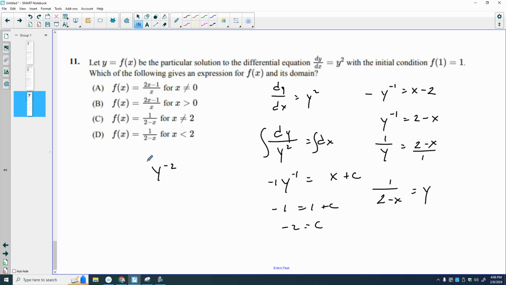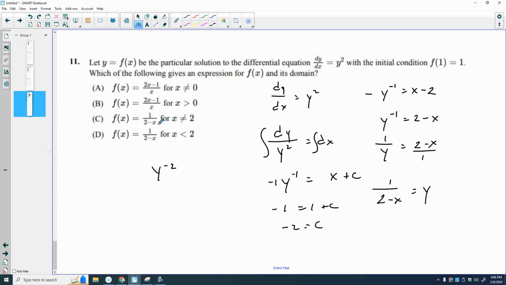So remember what we're looking at. Think about your slope field. So my question is, which one of these is the right answer? And so I want to find the one that is in my initial condition. So this one says for x being less than 2. And this says for x not equal to 2. And that is true.